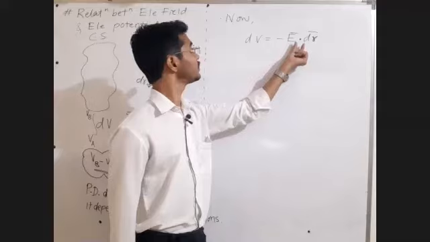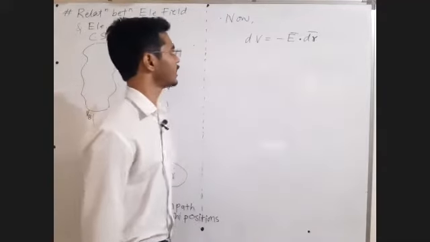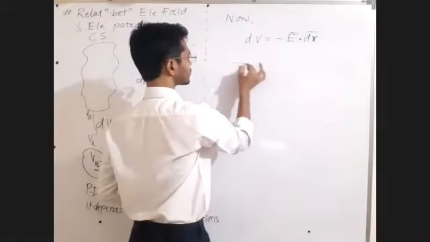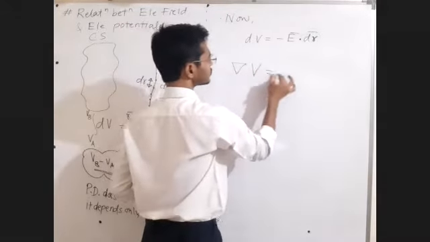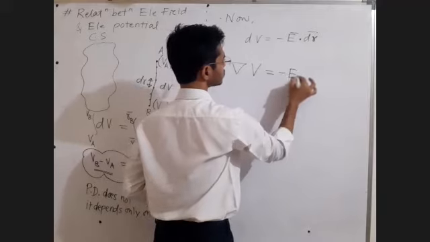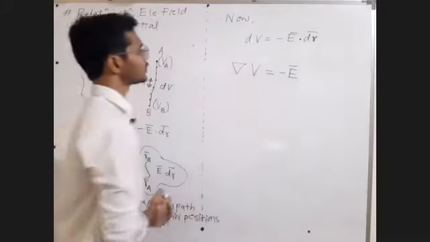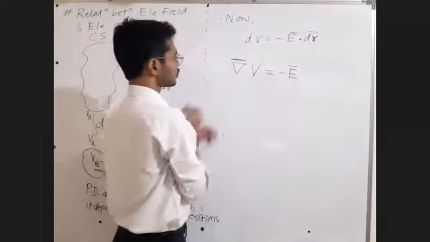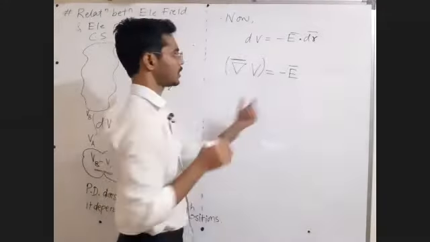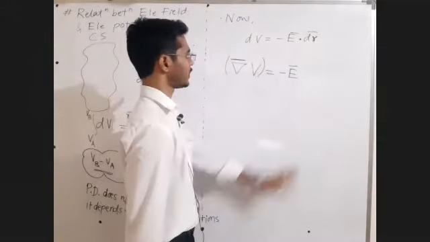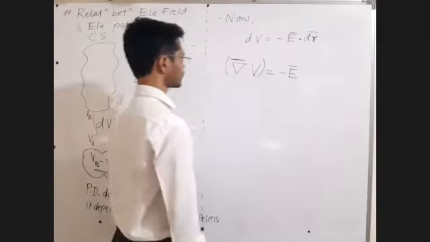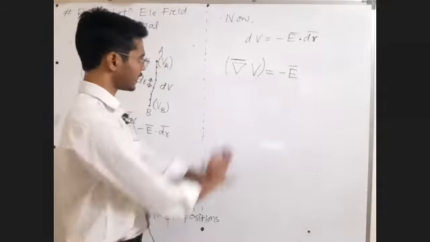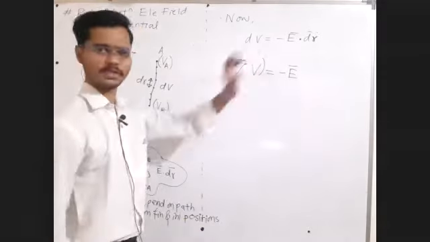So it will not directly become dV by dr, that we know. It will become something like this. This gradient is a vector operator. So now on the left hand side we have one vector, on the right hand side we have one vector. We have brought this dr bar on this side. We will accept this for the time being, and we will use this formula to solve the questions also.